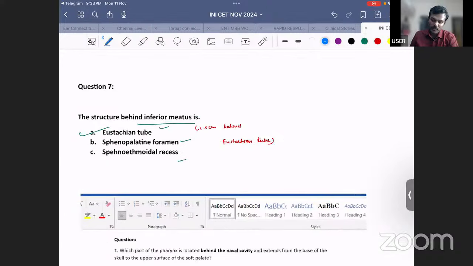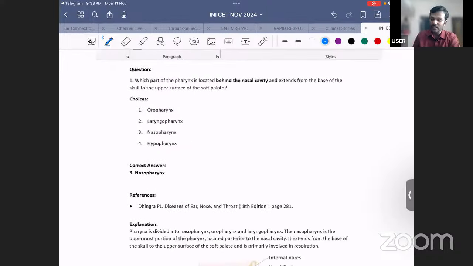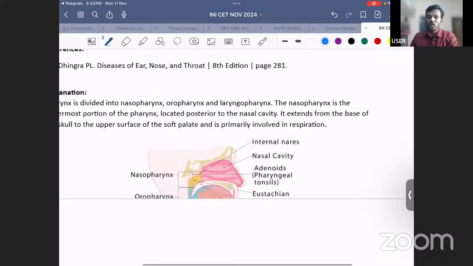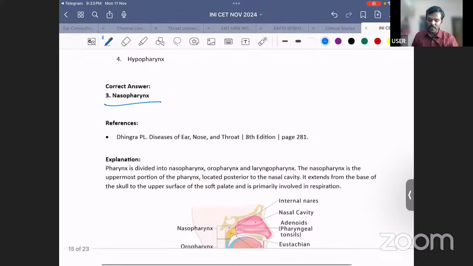We have discussed this elaborately in the anatomy of the nasopharynx. Behind the nasal cavity is the nasopharynx, which has structures in lateral relationship: the eustachian tube, torus tubarius, and fossa of Rosenmuller. The eustachian tube opening is 1.5 centimeters behind the posterior end of the inferior turbinate.